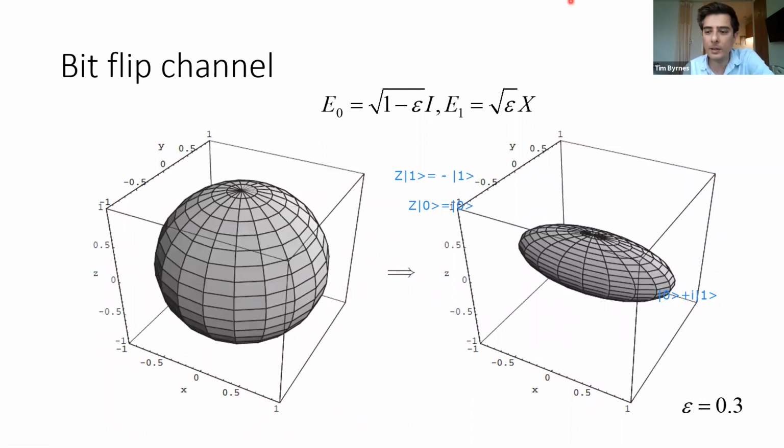Another one is, the first example that we did was the bit flip channel. This is the case where we apply the X operator, and it is very similar to the Z, even though this diagram is a bit hard to understand. It looks like it's getting squashed like a pancake. Actually, it's not true. It's also an oblong shape, but it's just a bit hard to see.